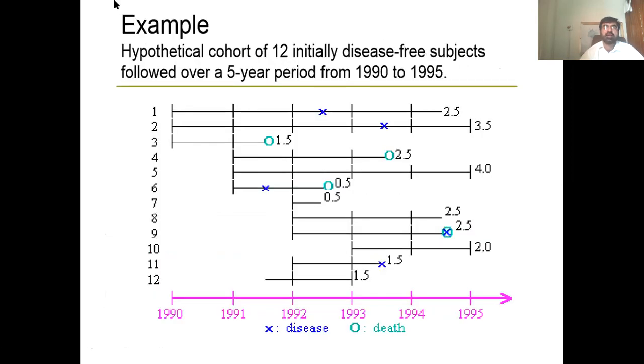And this is an example of incidence rate. A hypothetical cohort of 12 initially disease-free subjects is followed over a 5-year period, from 1990 to 1995. So here you have to calculate the individual time. For example, you calculate 1.5 person-years, 2.5, 3.5, and so on.